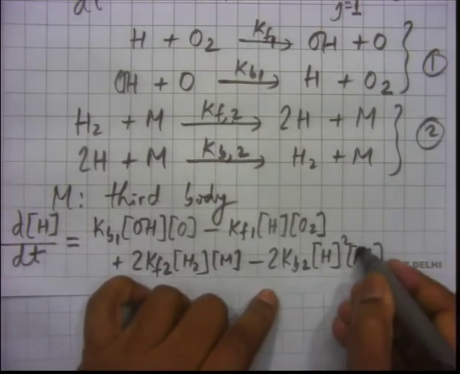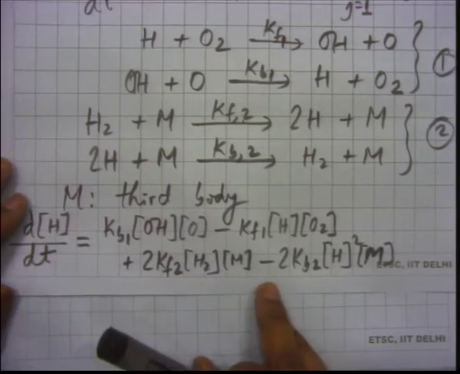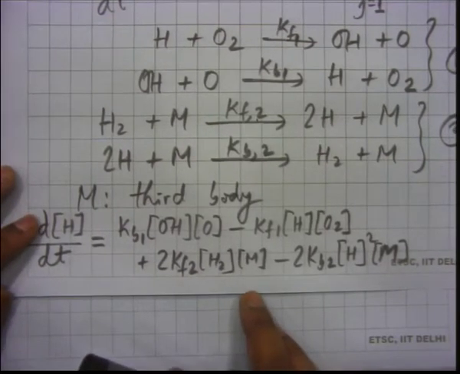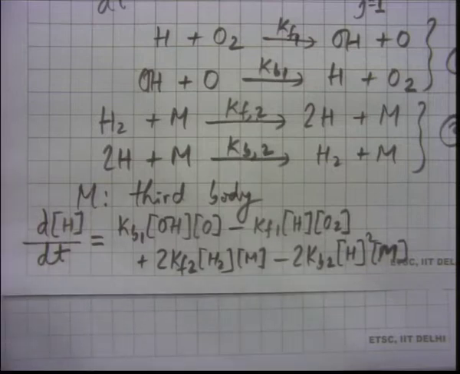This is M. So, that means you can write d[H]/dt like this, based on all those 4 reactions which you see on the screen, and you have the law of mass action.